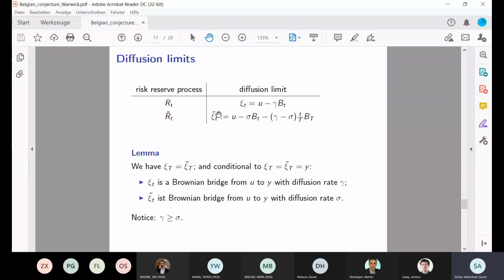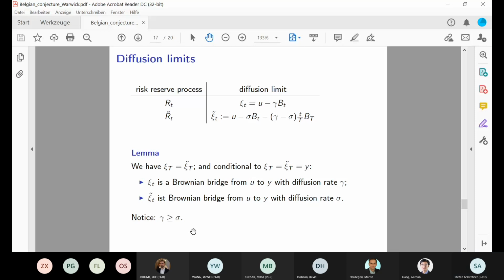And the same holds true for the second process: it will also turn out to be a Brownian bridge if you condition on the value of the process at time capital T. But the big difference is that the first Brownian bridge will have diffusion rate gamma, whereas the second Brownian bridge will have diffusion rate sigma, and sigma is smaller than gamma.